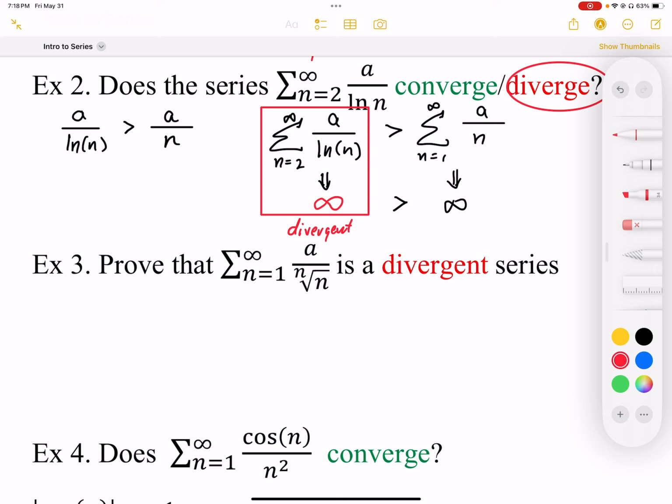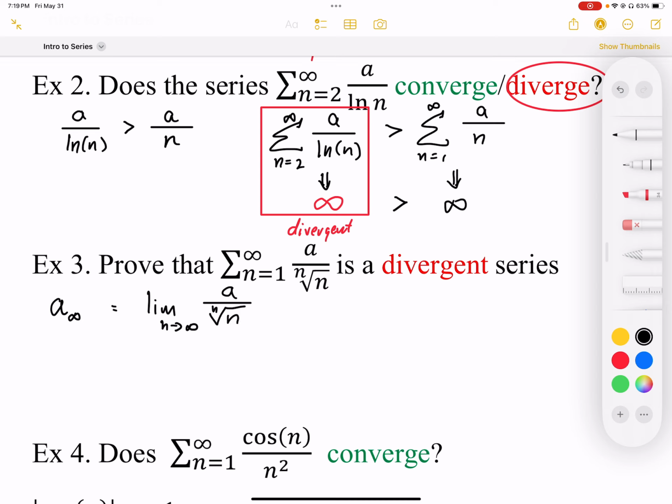Well, in a case like this, we can actually show that this doesn't pass our very first test, our nth term test. So with our nth term test, we can test the last term of that sequence, or a infinity, and we know that that's going to be based on the limit as n goes to infinity of 1 over the nth root of n.